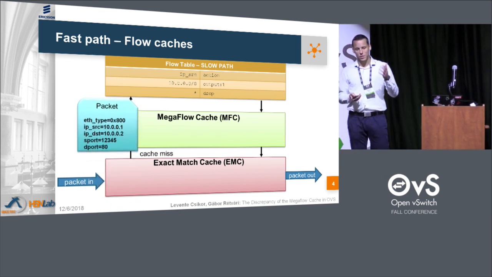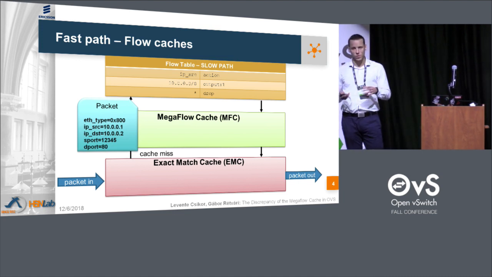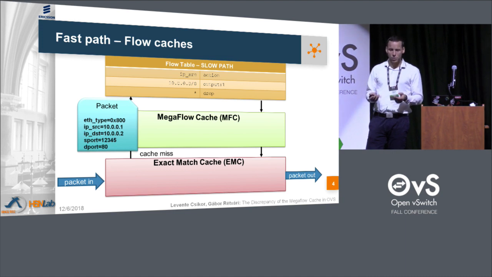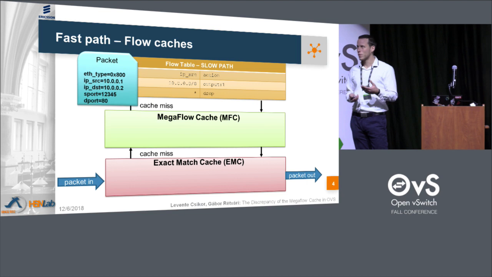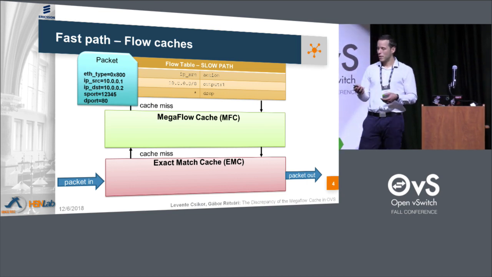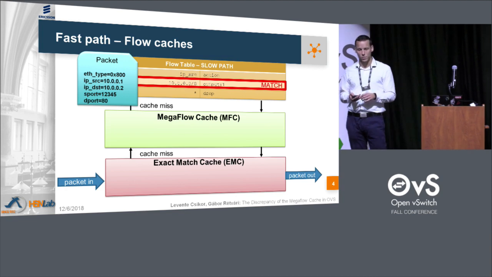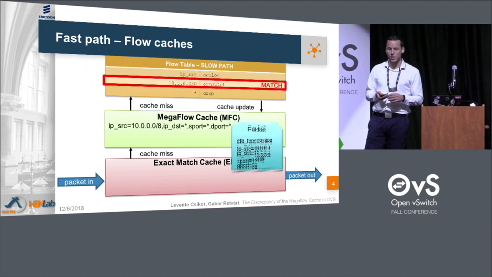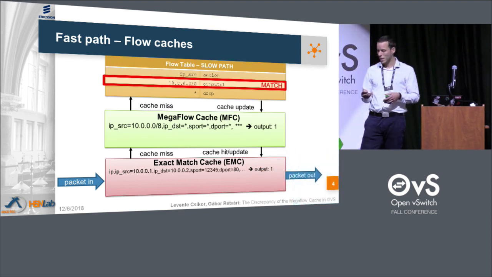Then it's passed on to the Megaflow cache as well, which is also empty, so there is no entry to match on. So finally it will be sent upwards to the user space where the flow table is sitting, and then this packet will match the first flow rule, which means that according to the specified actions, it's going to be sent out at the right port, and it's going to update the caches.